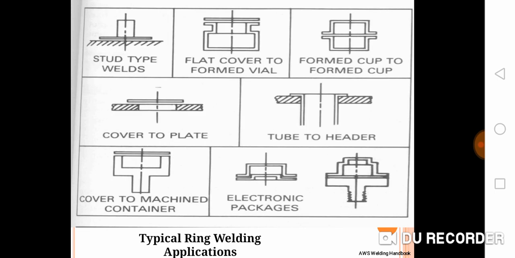Now, talking about ring welding, mostly this welding is carried out in a ring shape. These are some examples where ring welding is implemented. Here you can see a cover to a machined container, which is very commonly seen in practice. Mostly in beverage cans, like Pepsi or Coca-Cola cans, the container is machined and the cover plate is joined to the container, and that is performed by ultrasonic welding.